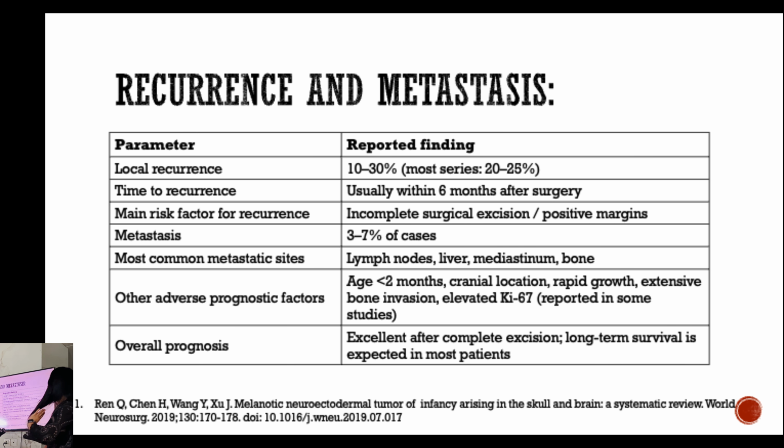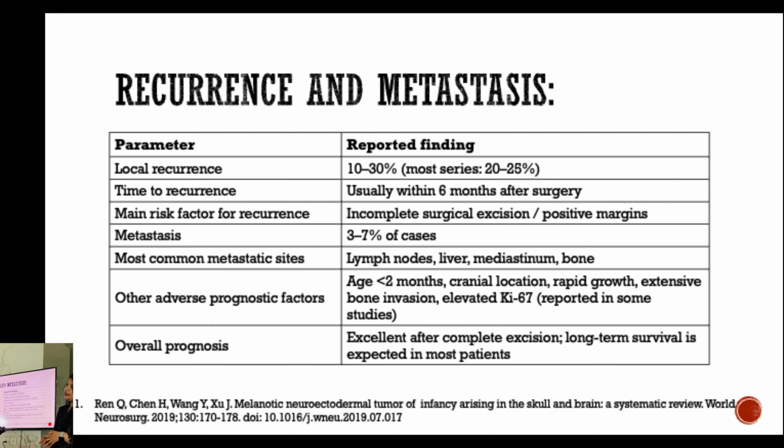Overall, the prognosis of the tumor is excellent, and after complete surgical excision, long-term survival is expected in these patients. But recurrence can occur, although less often, in 10 to 30% of cases, and it's up to 6 months after surgery. The main risk factor is if the tumor is not completely surgically excised, or if we left some positive margins behind.